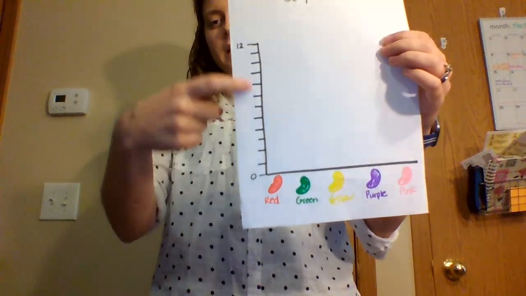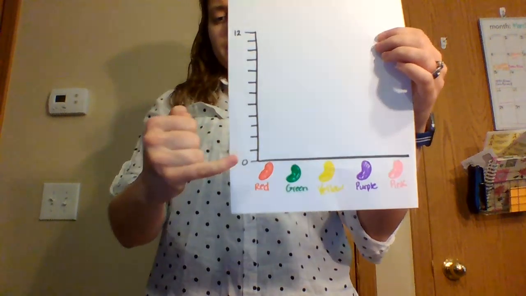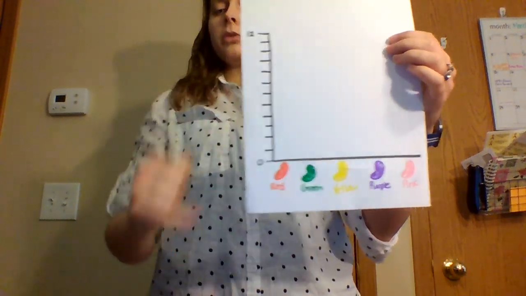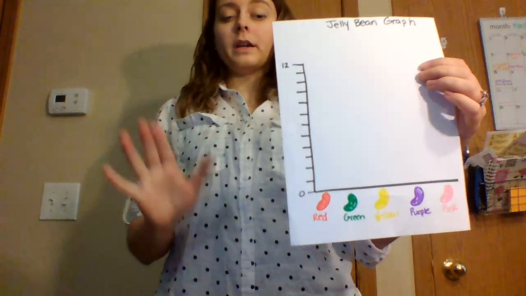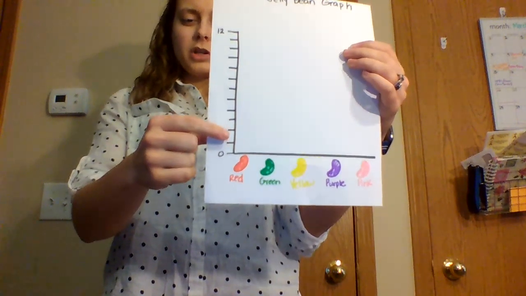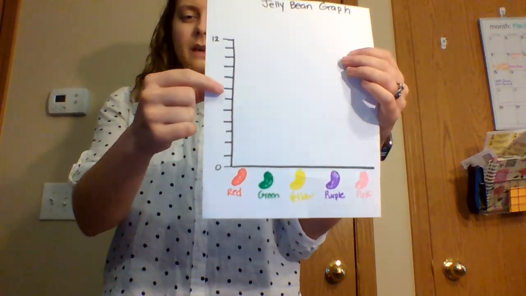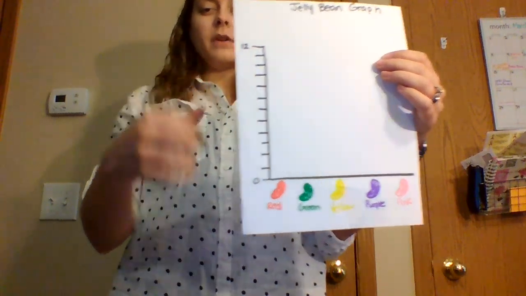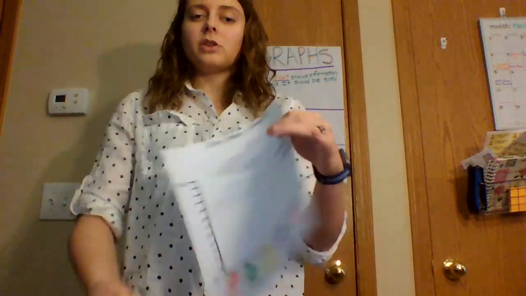Now, I left my data bar blank, but each one of these equals 1. So 1, 2, 3, 4, 5, 6, 7, 8, 9, 10, 11, 12. Each dash equals 1. So I didn't take the time to label it 1, 2, 3, 4, 5 all the way up to 12, but you can if you want.